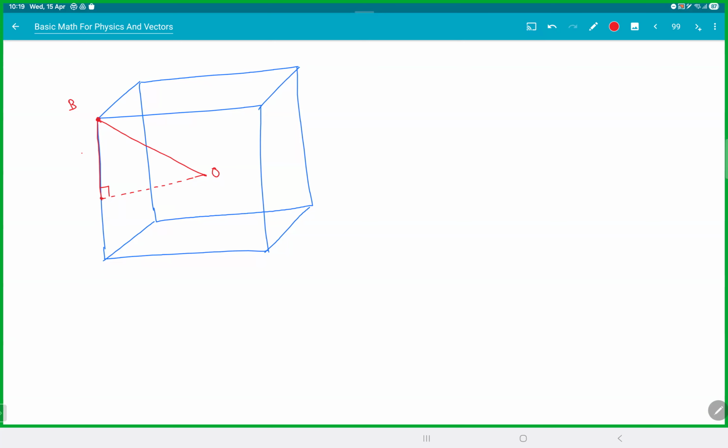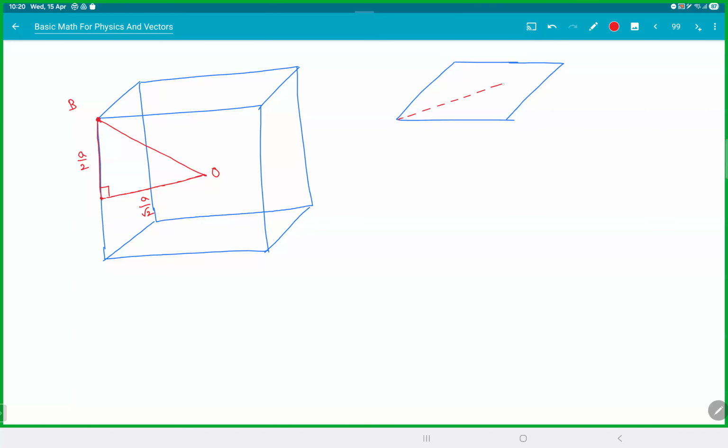Now, how much is this? This is a by 2. How much is this? This is a by root 2. I hope you're getting why that is a by root 2. Because that is the face of a square. If you take a square plate, that is a half diagonal.